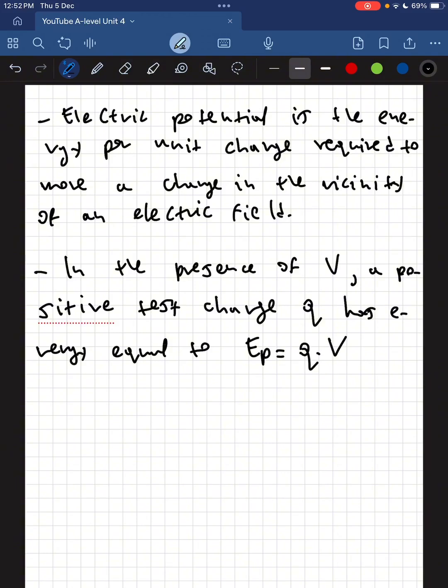Let's go see the significance of this electric potential, and also talk about the equipotential lines.